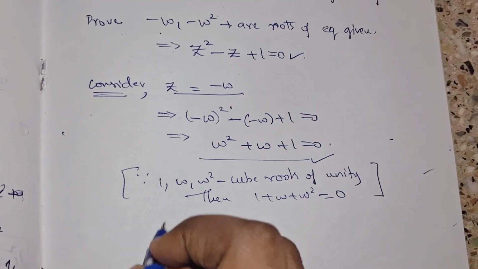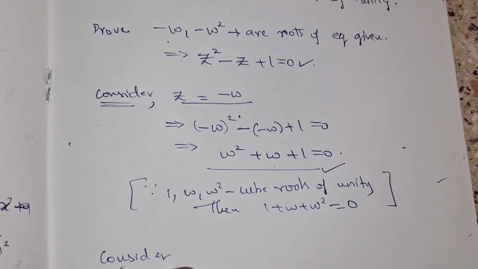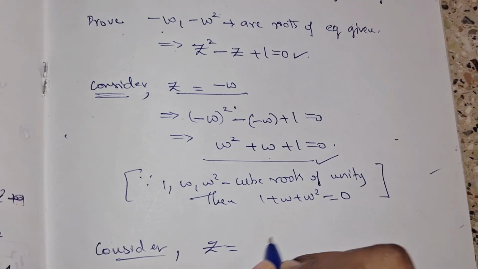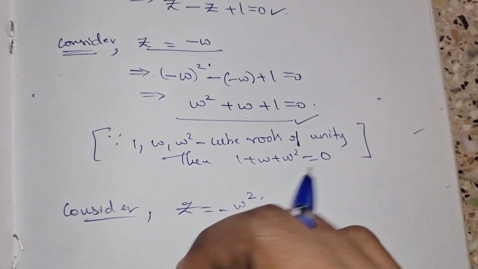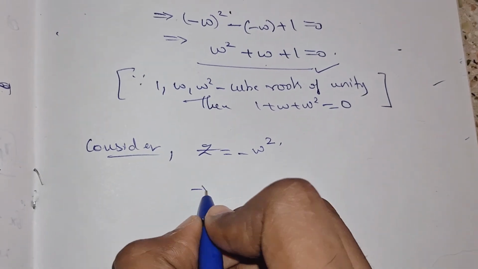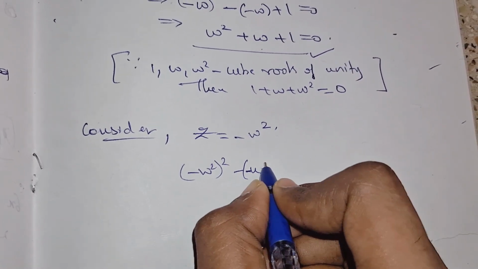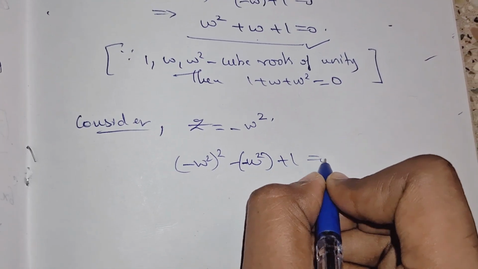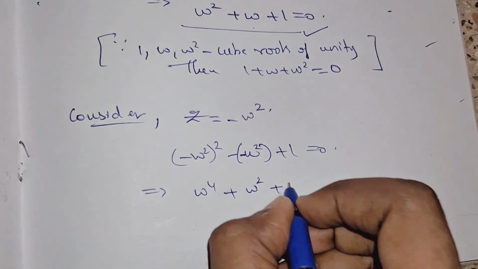Then in a similar way, we will substitute z as the next thing which is given to us, minus omega square. If we substitute minus omega square here, what will we get? Minus omega square whole square minus of minus omega square plus 1 is equals to 0, which will be equals to omega to the power 4 plus omega square plus 1.